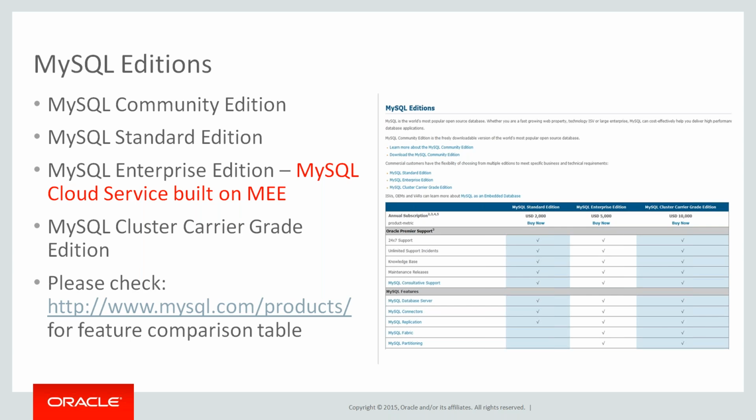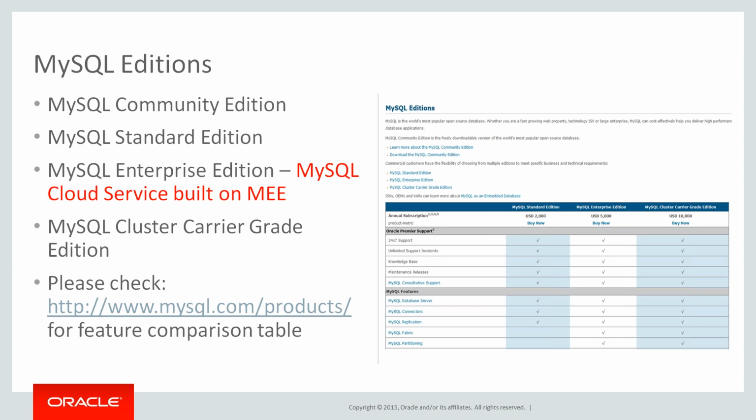Even though you can find MySQL on the Oracle page, we still have a MySQL.com website, and in my opinion, it's a lot easier to find information there. You can see the different editions and which features are available in which version of the product. We also have the cluster product, which we developed for the telcos that use it.